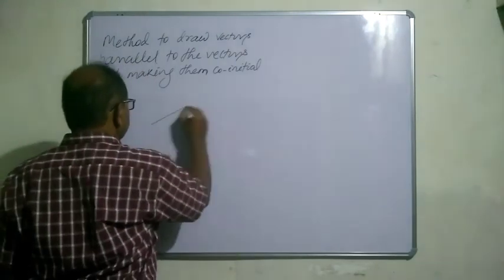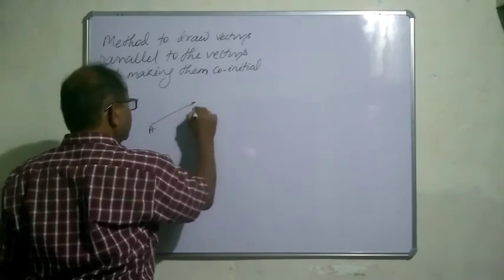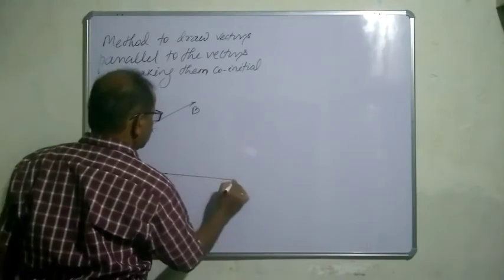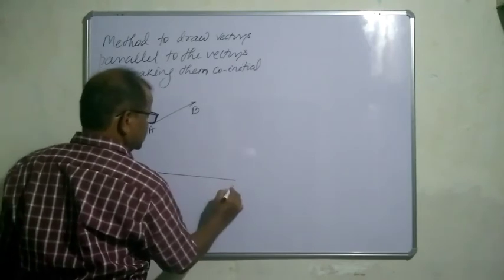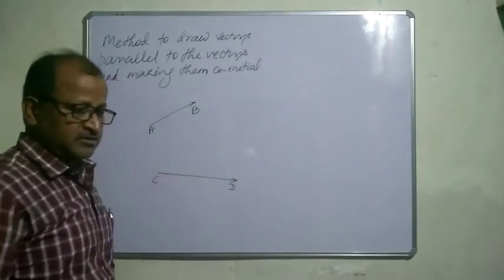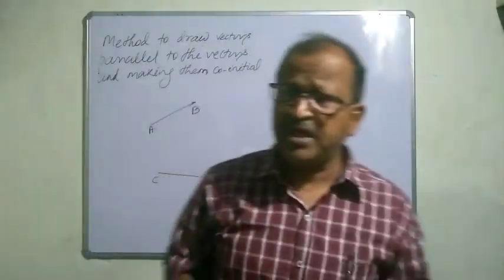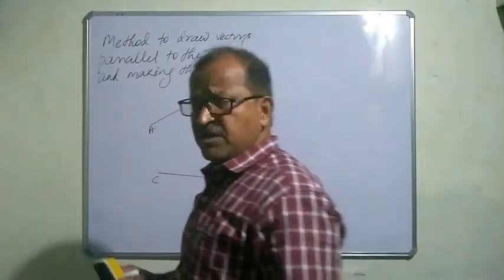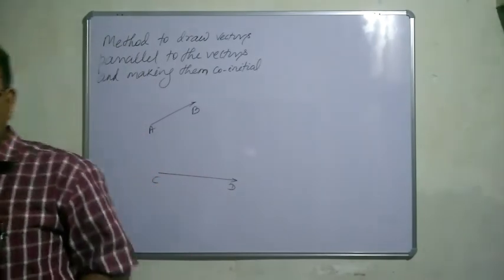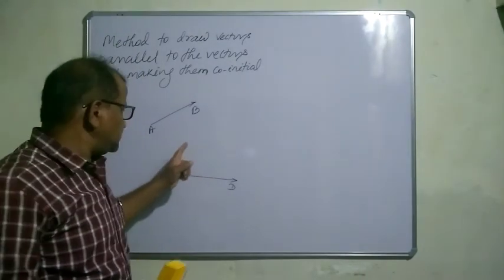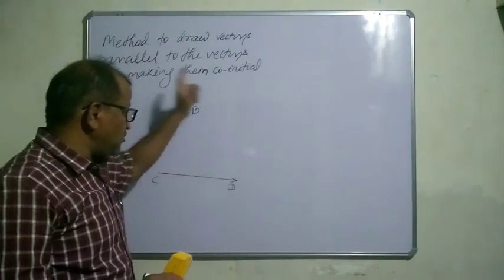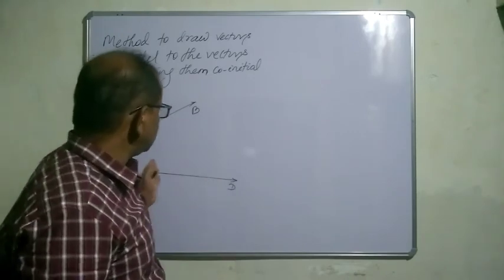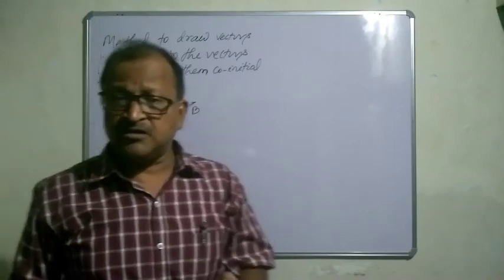Suppose here you see this is a vector, AB vector, and this is another vector, suppose here CD is another vector. You see, they may not lie on the same plane. They may be skew vectors. Now it is impossible to draw them in our coordinate plane, but in two-dimensional space it is easy to draw two-dimensional vectors.